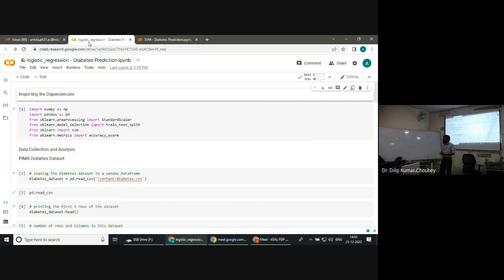So instead of fitting a straight line like that, if I fit a sigmoidal function like this over here, and we choose a threshold, this will always give me a value between 0 and 1.